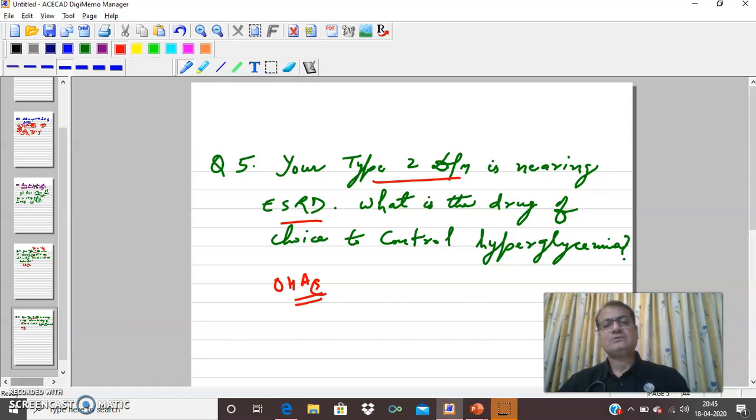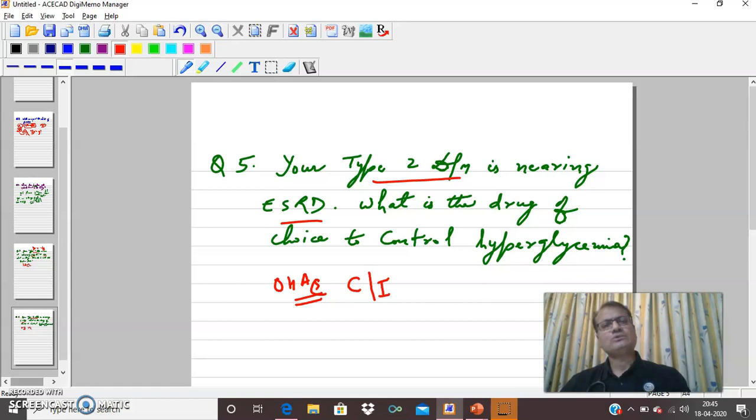Here, you need to know that when a type 2 diabetic patient goes towards end stage renal disease, then most of these OHAs are contraindicated. Only a few of them we can give, and this is a separate topic of discussion, and I'll take this topic probably in my next discussion.